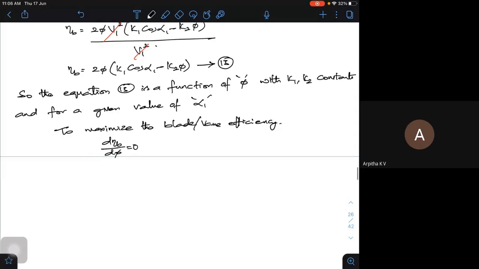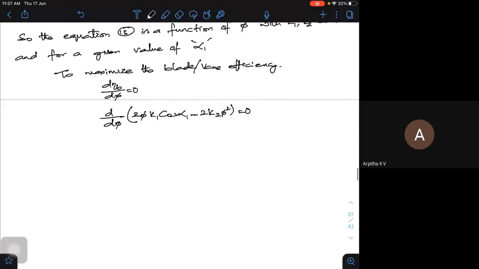So that means it is d by d phi of 2 phi into k1 cos alpha 1 minus 2 k2 into phi square. I'm just opening the bracket.